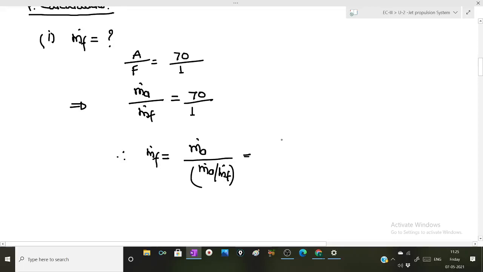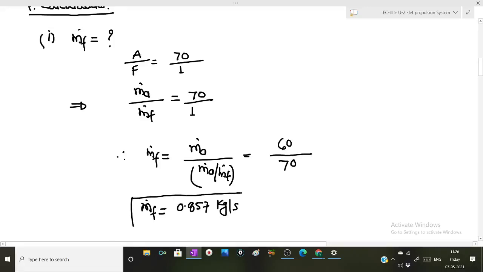Okay, mass flow rate of air is 60 and air fuel ratio is 70. So mass flow rate of fuel after calculation will come out 0.857 kg per second. This is answer number 1.